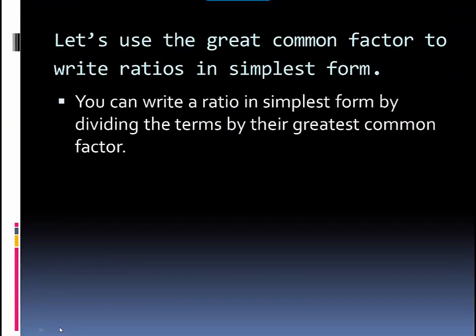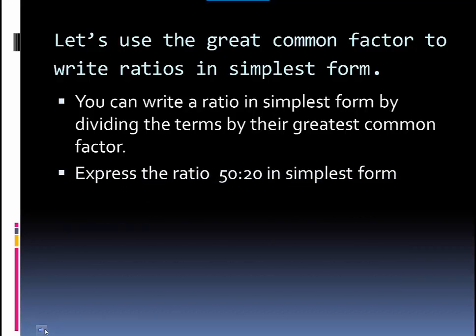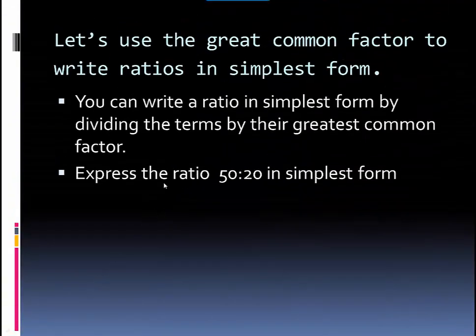Now let's use the greatest common factor to write ratios in simplest form. You can write a ratio in simplest form by dividing the terms by their greatest common factor. Let's express the ratio 50 to 20 in the simplest form. First, we're going to find their greatest common factor. What is the greatest common factor of 50 and 20?